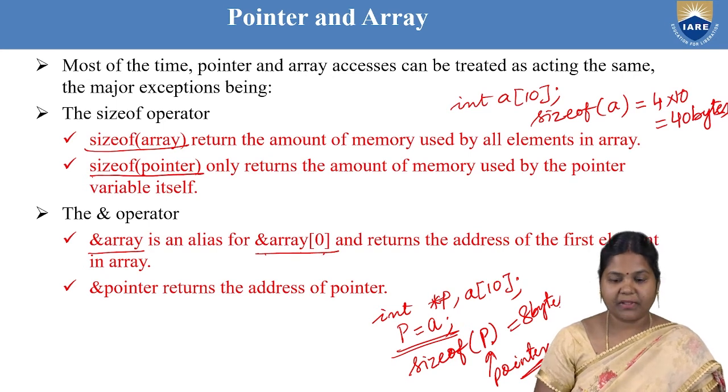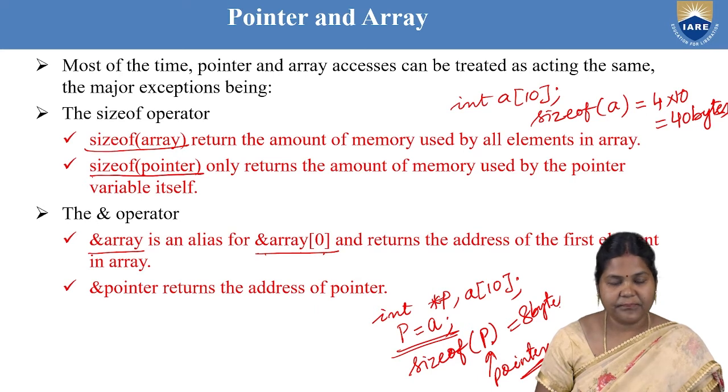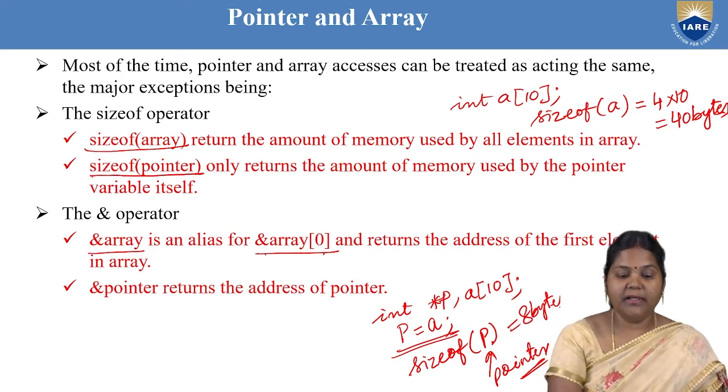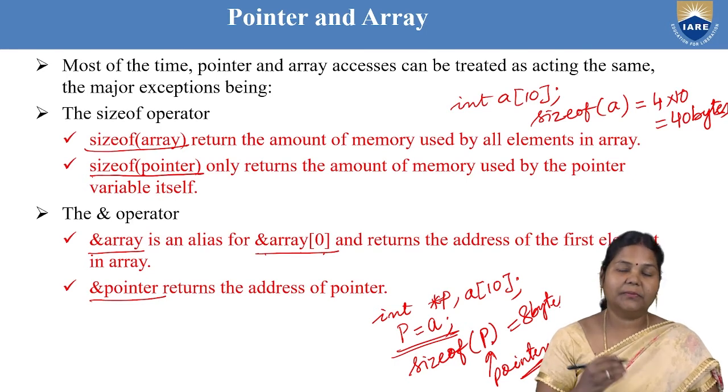Both are the same, and both return the address of the first element of the array. So this is the same in case of the address operator used on an array. But the address of a pointer, if you use the address of a pointer, returns the address of the pointer.